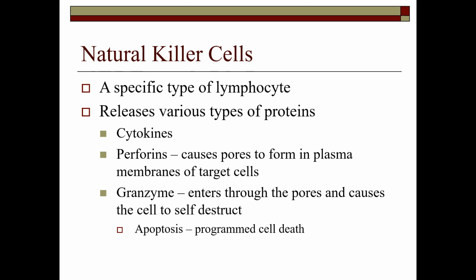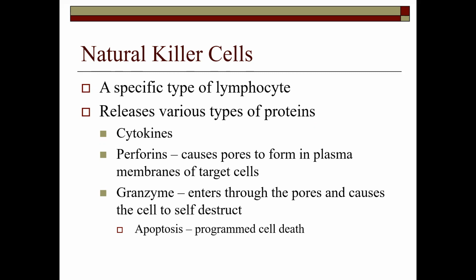One protein is called perforin, which causes pores to form in the plasma membrane of the target cell. And granzyme, which actually enters the cell and causes the cell to self-destruct, essentially, very similar to the process of apoptosis.